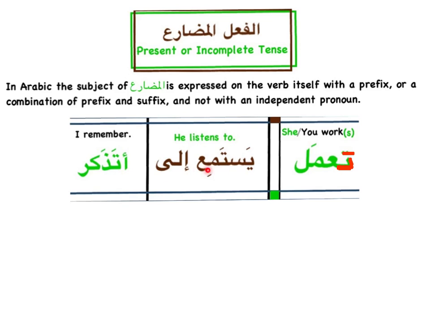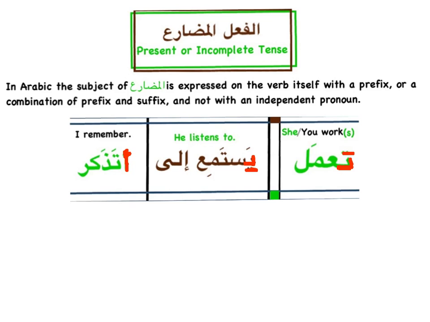So here for يستمع إلى, we should know from the prefix ya that it means he listens to. هو يستمع إلى. The ya is the prefix for هو instead of the independent pronoun. Same for أنا أتذكر. Notice ألف.